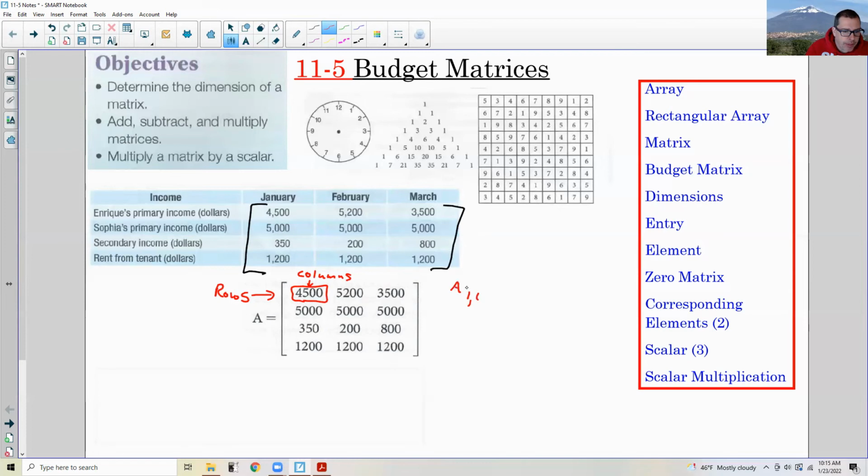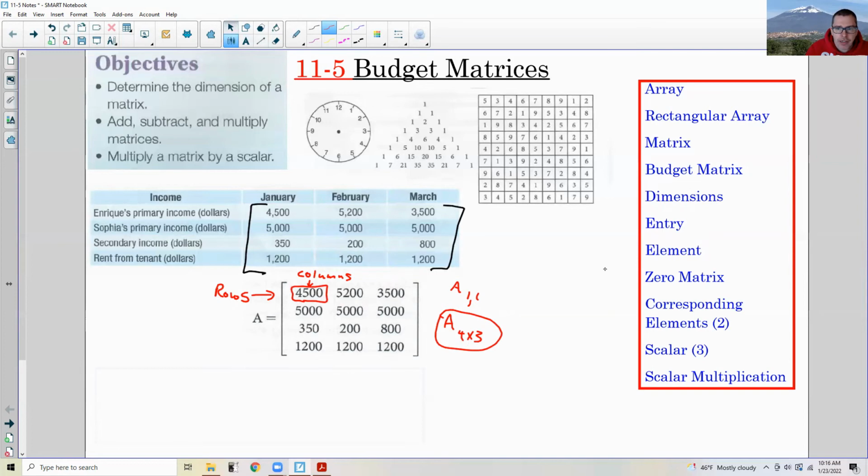And you name the array, A subscript 1, comma 1 is this position. This has 4 rows and 3 columns. So it is a 4 by 3 matrix. So that is the dimensions of a matrix. We would call this matrix A sub 4 by 3. Okay, 4 rows, 3 columns.